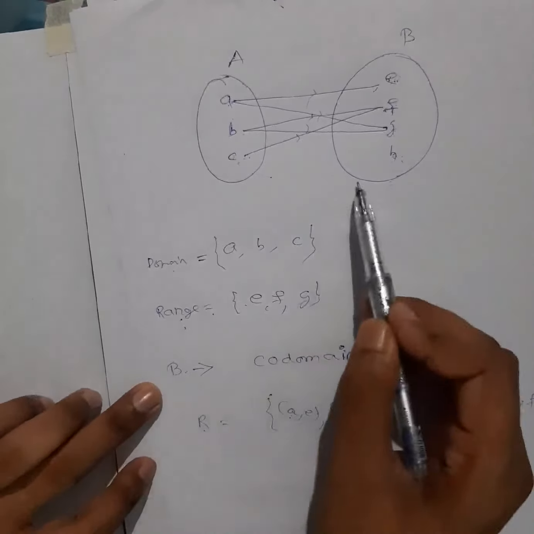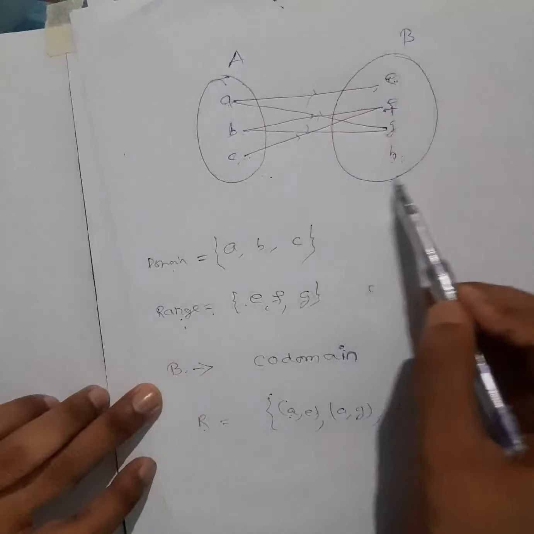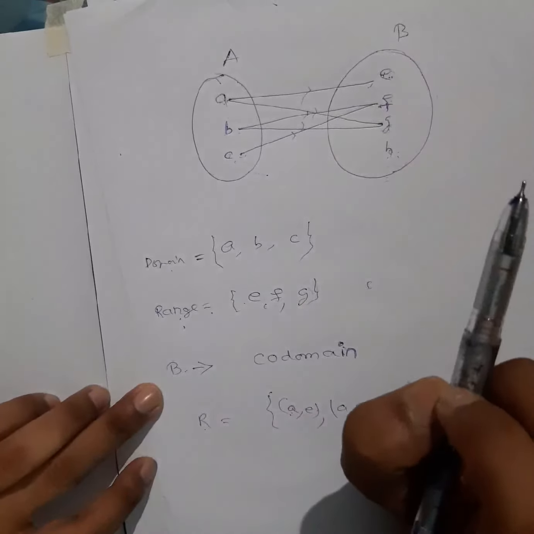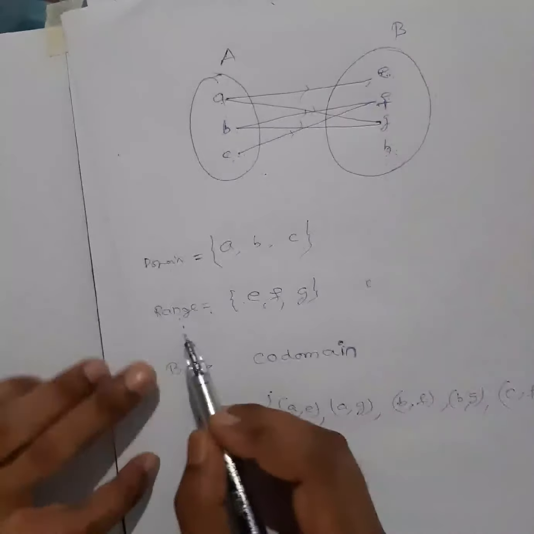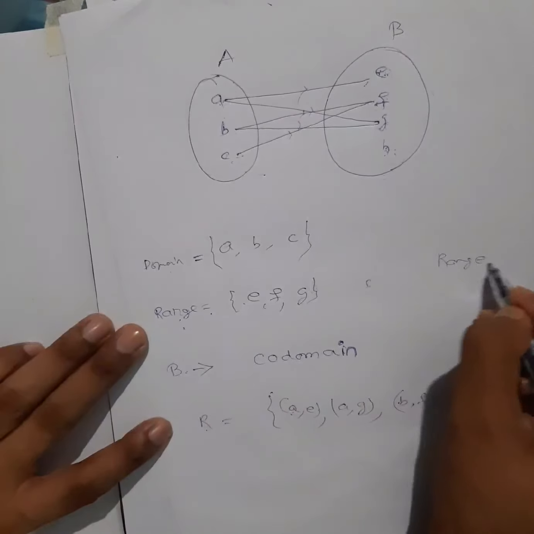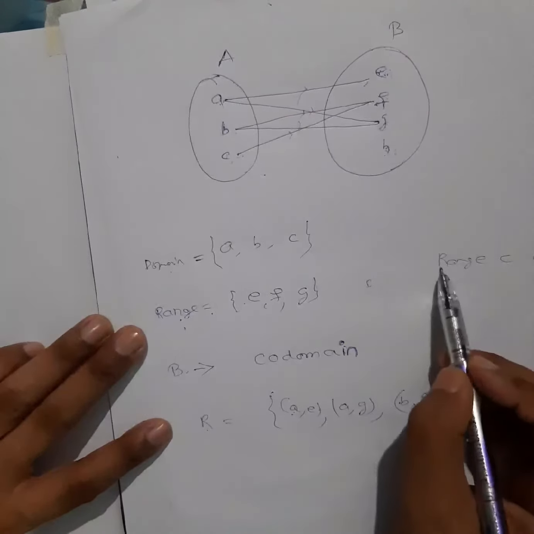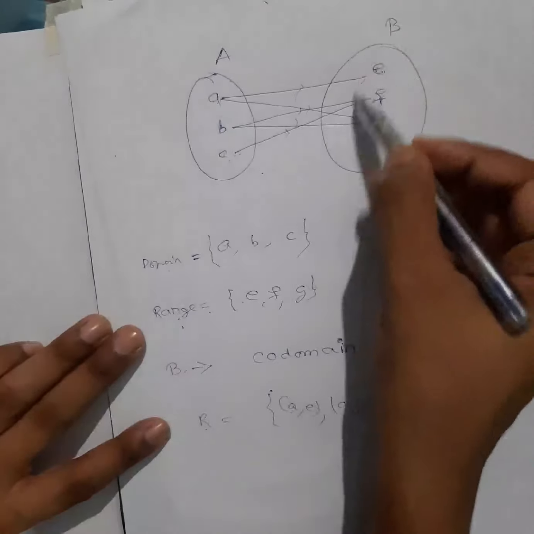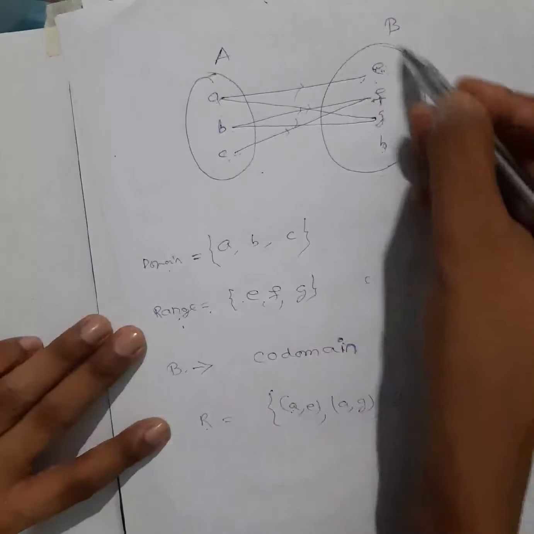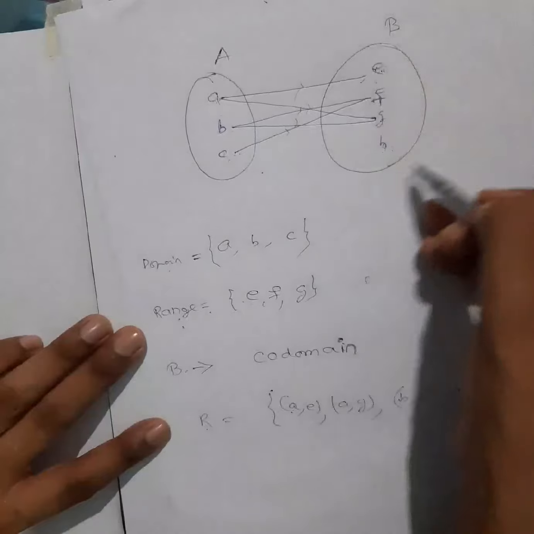Codomain will always be your second set. So remember, range is always a subset of codomain, because you take the range elements from the codomain only, so obviously they are contained in that set.